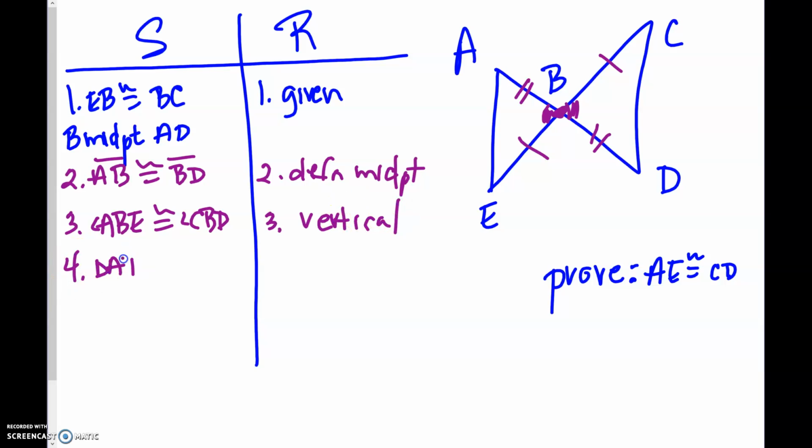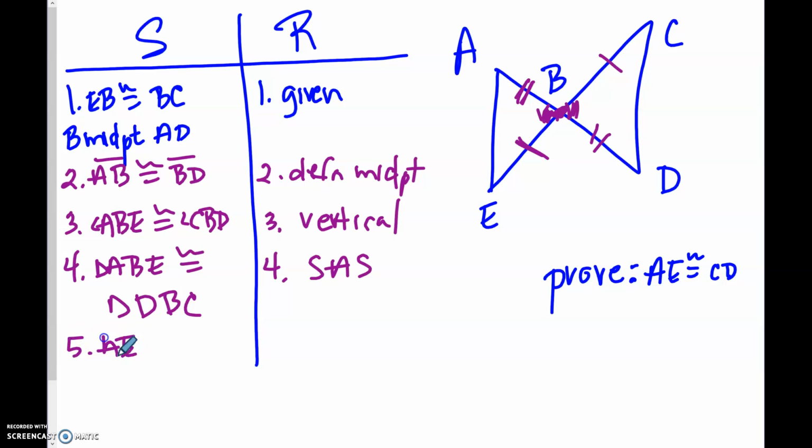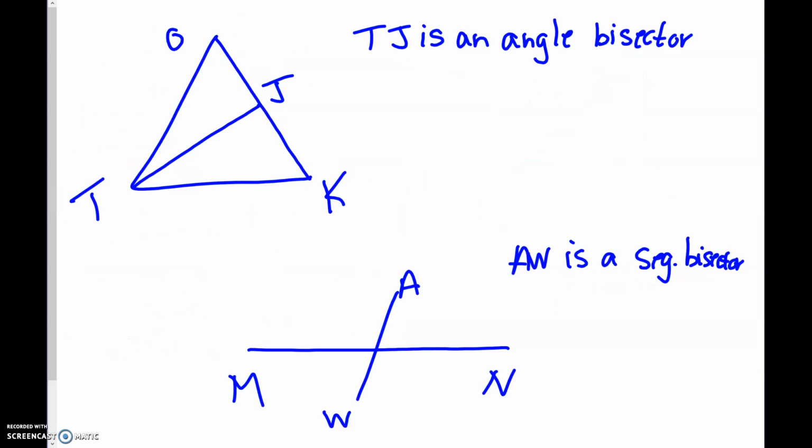So triangle ABE is going to be congruent to triangle DBC, and make sure you get your letters in order. We have a side, then an angle, and then a side. So it's going to be side, angle, side. And now that we have two triangles congruent, we can now get that AE is going to be congruent to CD by CPCTC.